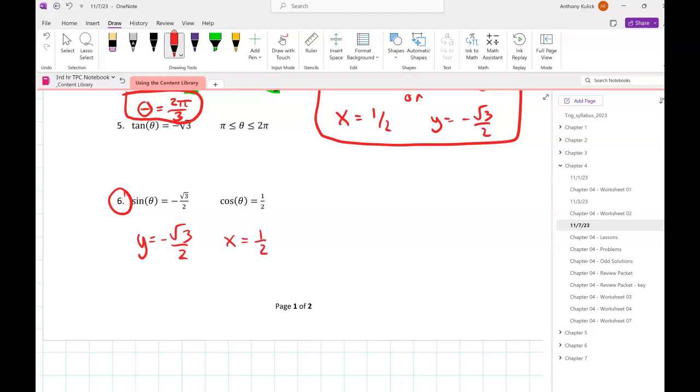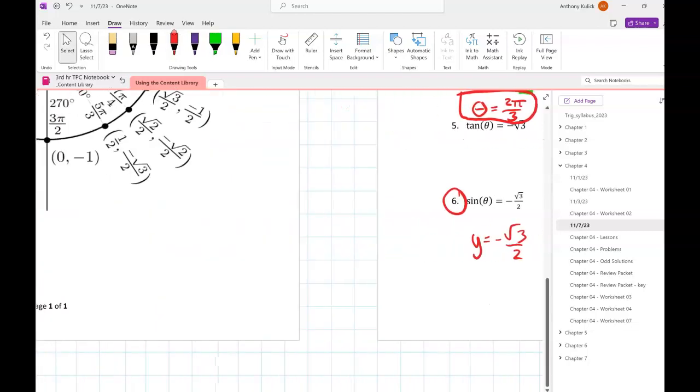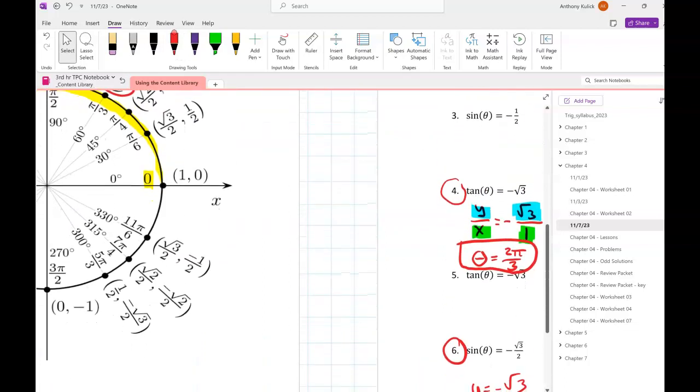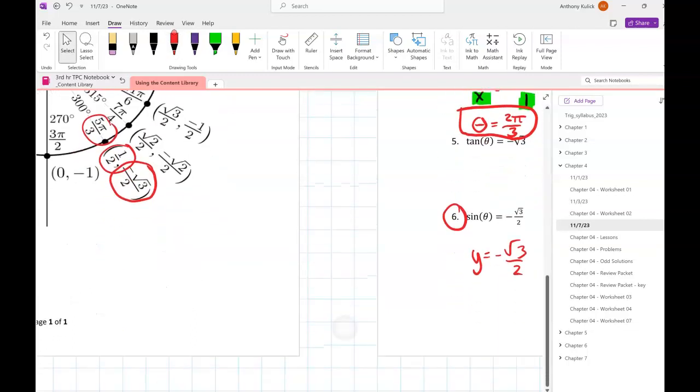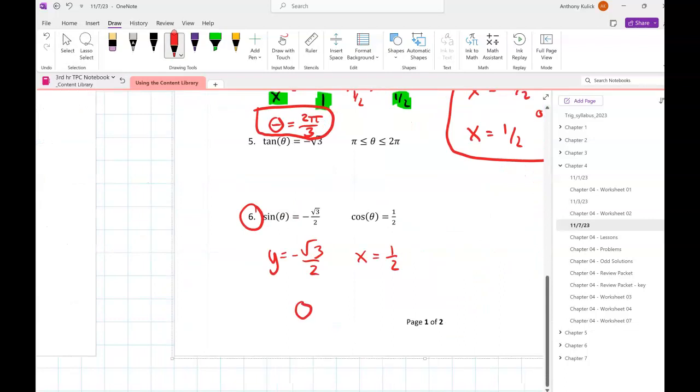So all I'm going to do is go to my unit circle and find where x is 1/2 and y is negative root 3 over 2. Wait a minute. That's almost the same thing we did. So x positive 1 over 2, y negative. So we should be 5 pi over 3. And we're done.